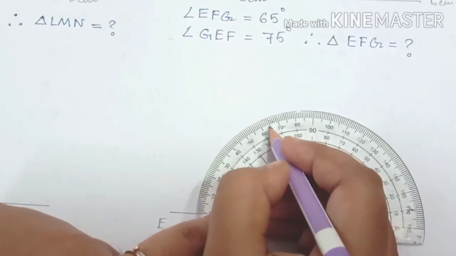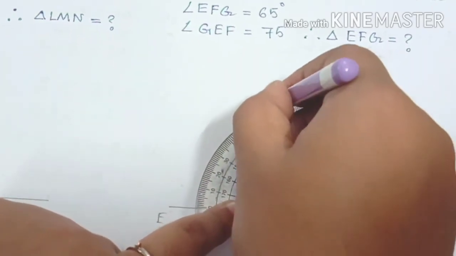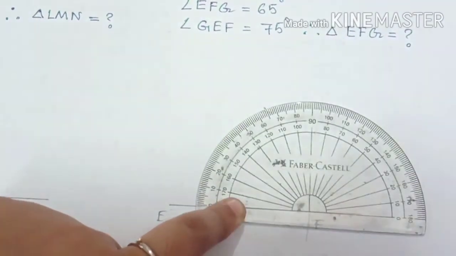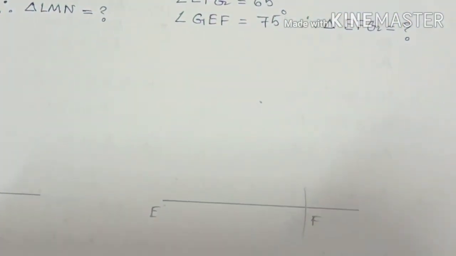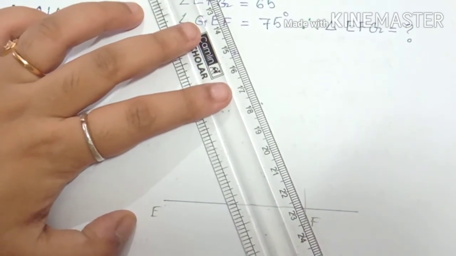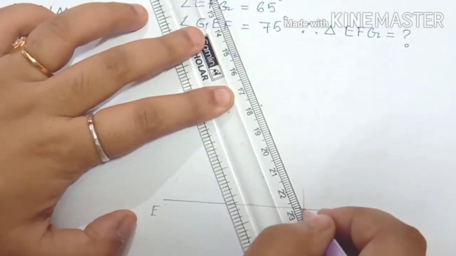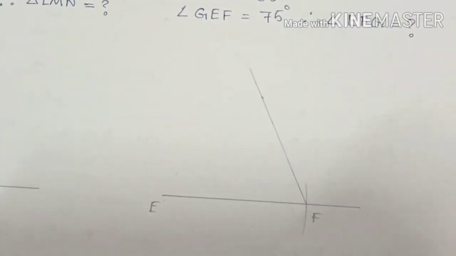Basically the 65 degree lies out here, just between the 60 and 70. Alright, so let's join these two points. Okay, and we are done with that.